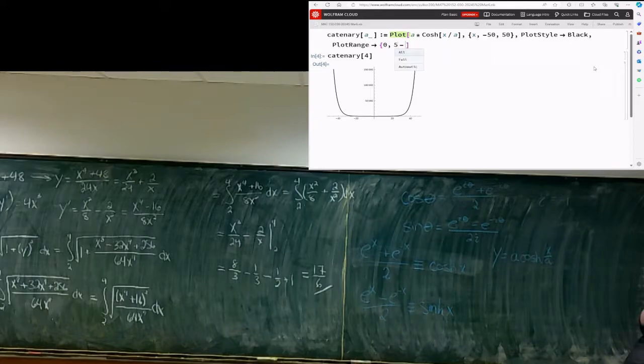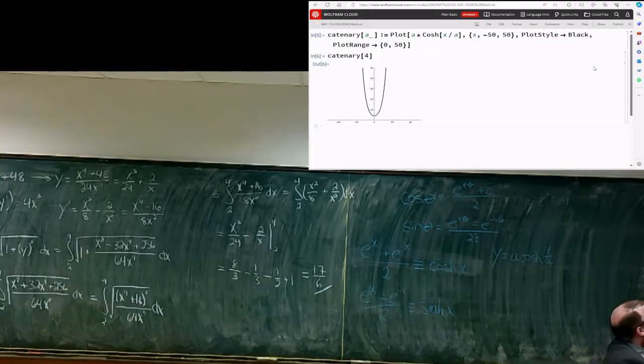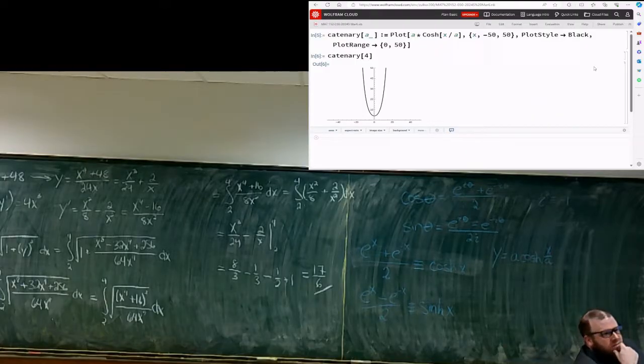Let's change that 0 to 50. And so that original plot that was up there, the origin wasn't 0, 0, which is why it looked like it was just a regular parabola.